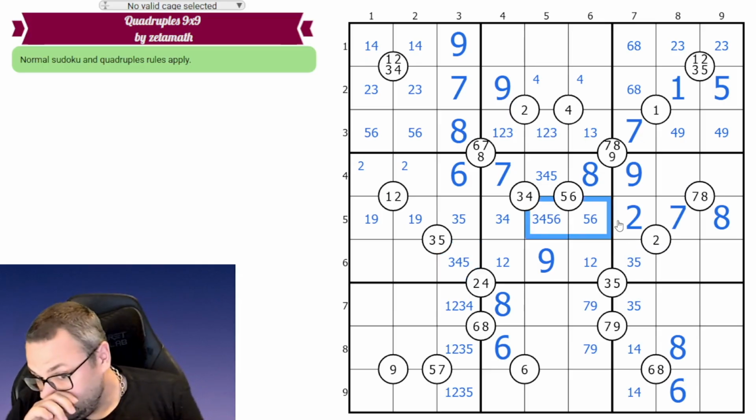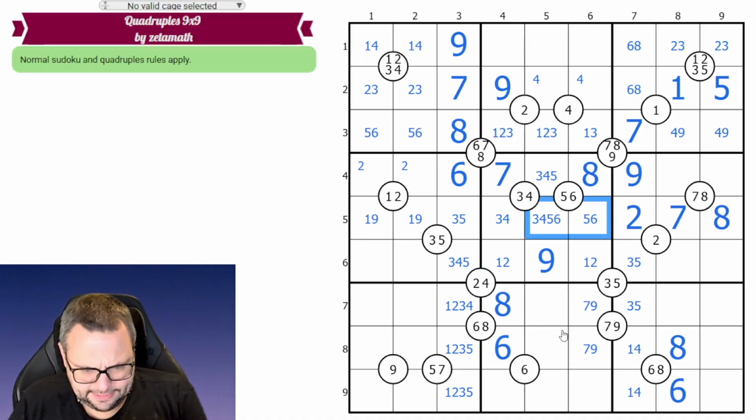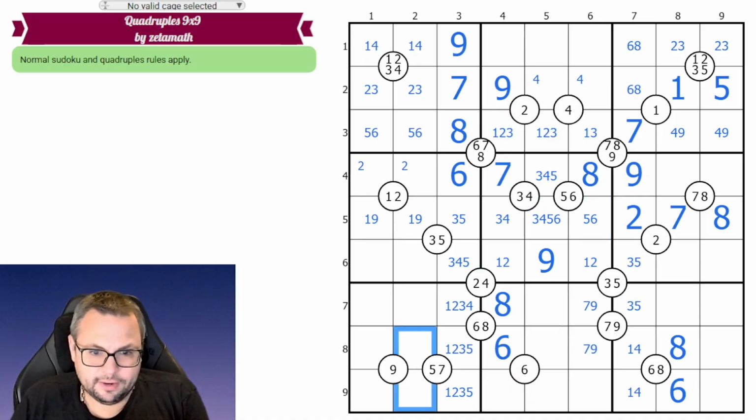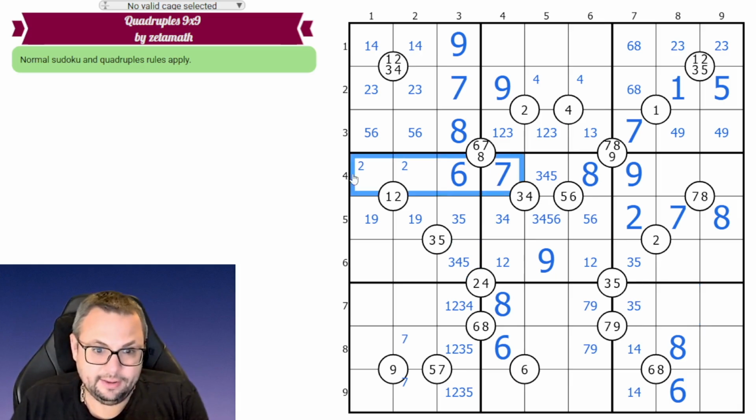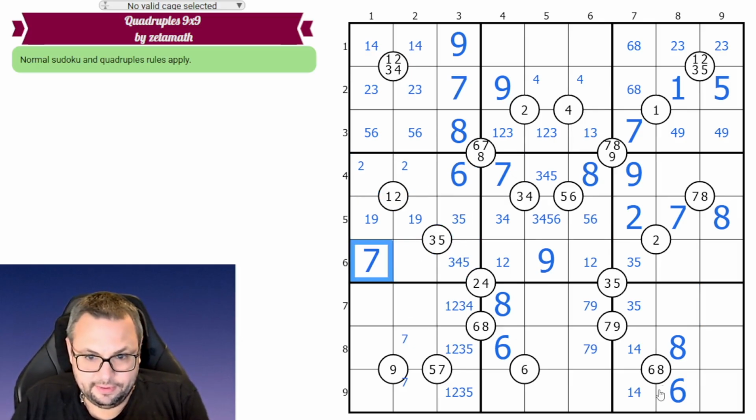I know one of these two is a 6. Oh, I haven't corner marked that I know one of these two is a 7. That's probably worth marking. Ah, yes. One of those two is a 7, which tells me where the 7 goes in this box. Namely, the 7 in this box goes here.